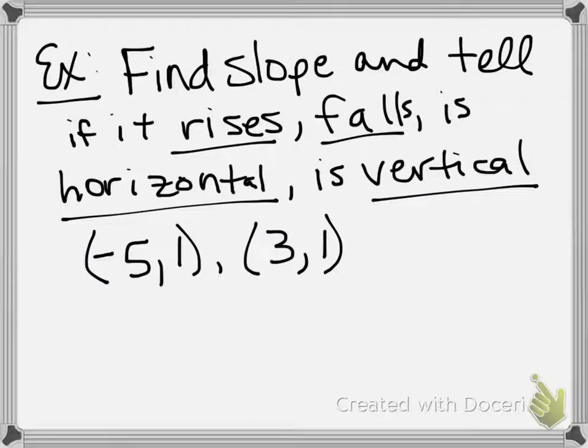Alright, so for the next example, find the slope and tell if it rises, falls, is horizontal, or is vertical. If a slope rises, then it will be positive. If a slope falls, then it will be negative. If a slope is horizontal, then it will be equal to 0. See how horizontal has a 0 here and a 0, so that's how I remember horizontal is 0.